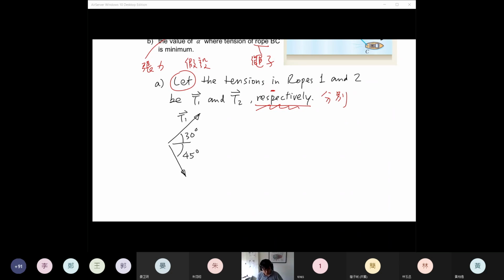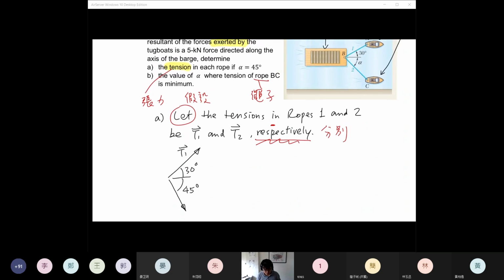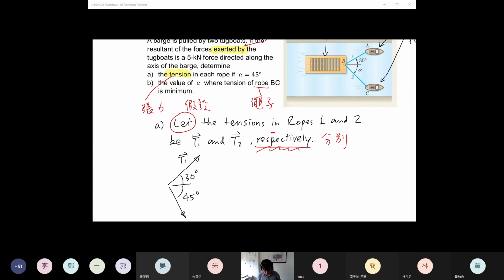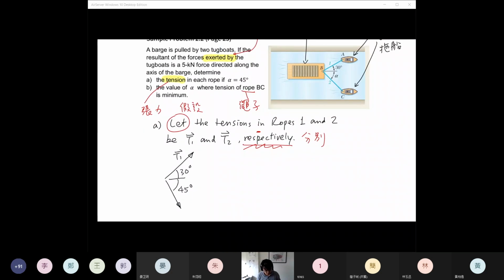But what do we know? Can anybody tell me? Of course, you can say it in Chinese. We read the question again.